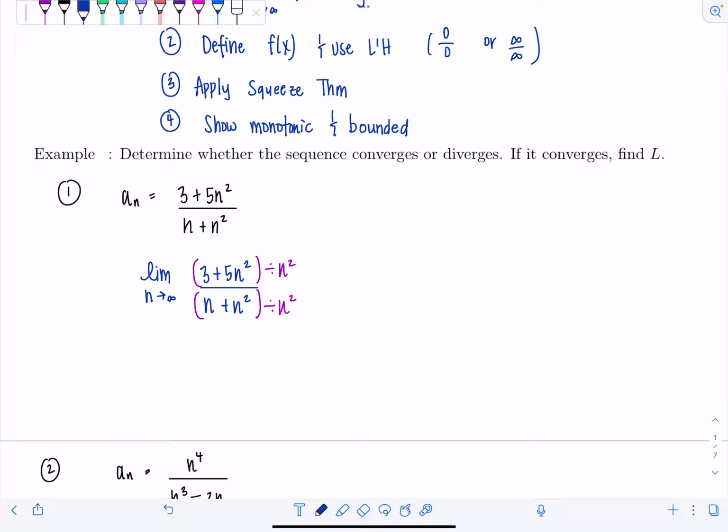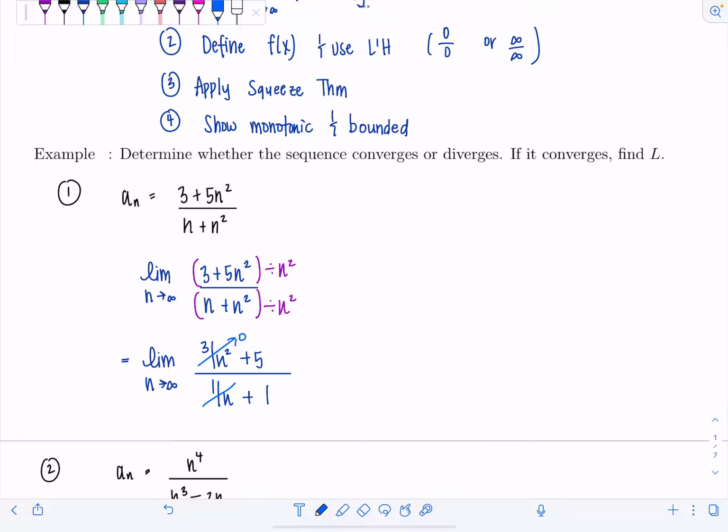And then in the next step, let's see what we got. So we've got the limit as n approaches infinity. In the numerator, I'm going to have 3 over n squared plus 5n over n squared, that's just 5 over n, and then plus 1. All right, so as n approaches infinity, 3 over n squared is going to go to 0. 5 is just a constant.